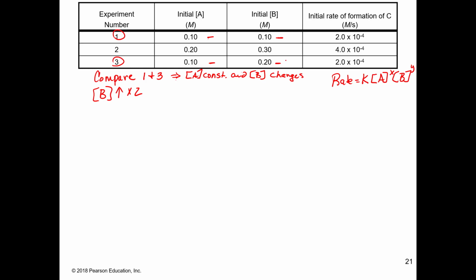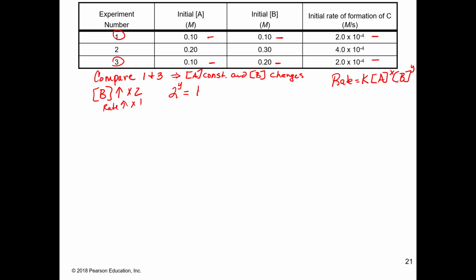So the way I figure this is that it increased by 2, so 2 to the y equals what? The rate stayed the same, so the rate was times 1. So the rate went up only times 1 because it stayed the same.